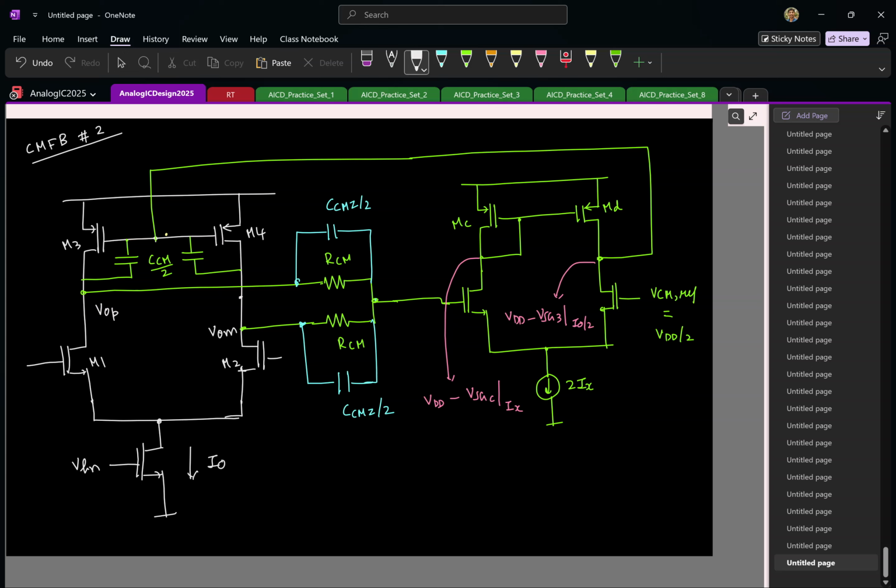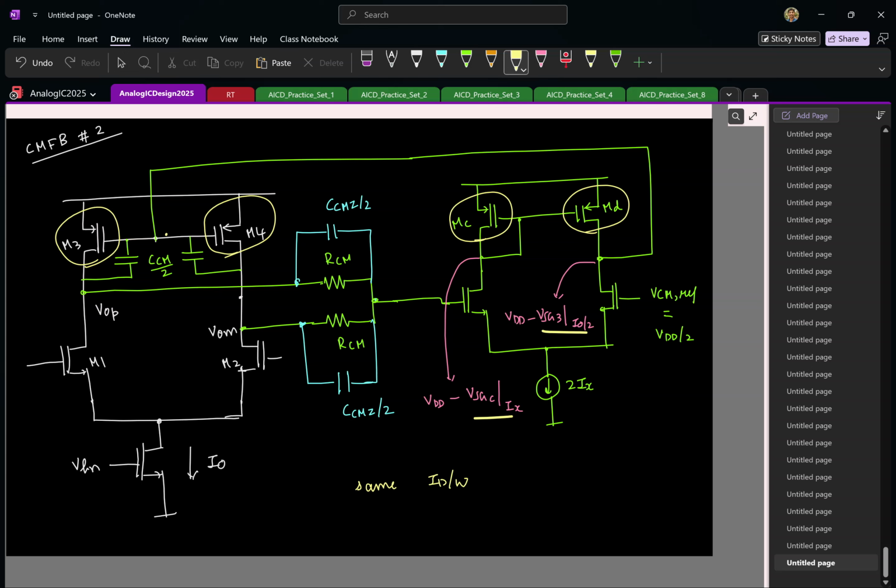So, to prevent systematic offset, how should the design choice be now? Yeah, both VSGs must be equal. So, what does it boil down to as a design choice? Yeah, current densities of all these transistors, let me just put a dot. All the PMOS transistors should have the same current density. Correct? Or maybe I'll put a circle so that it is clear. All of these must have the same lookup table parameters, same current density, right?